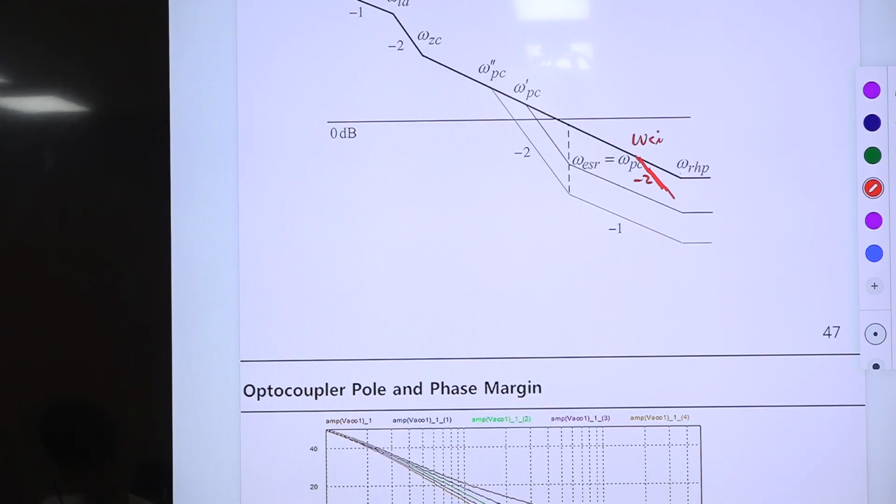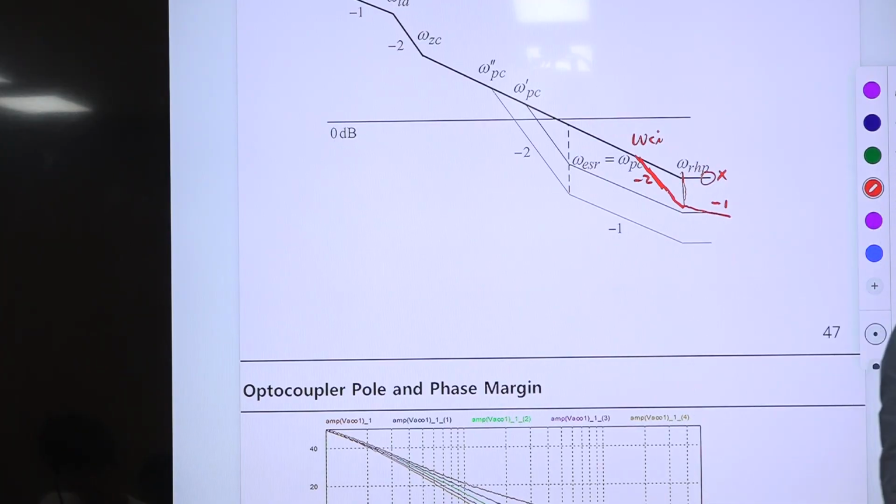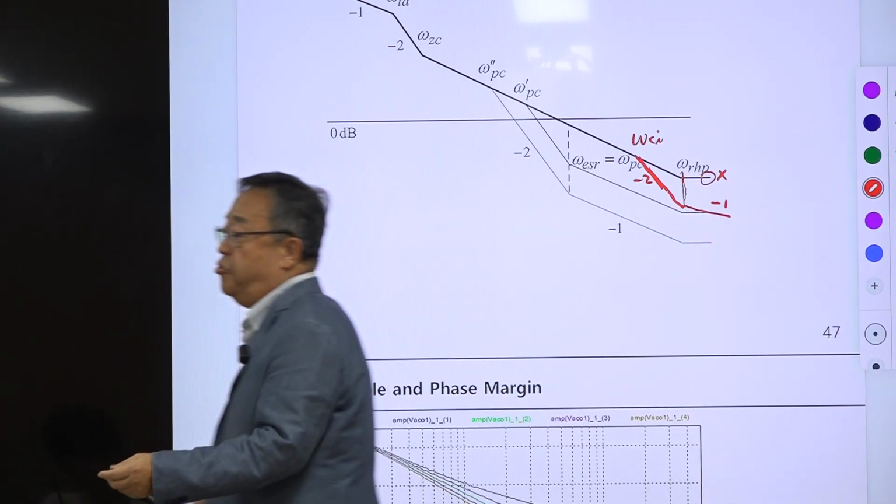And we have this right half plane zero. The zero is a zero in terms of magnitude, so the final slope is still minus 1. Minus 1 slope, not this 0 slope. This was wrong. At this high frequency this prediction can be erroneous and takes some error, but this is a theoretical prediction anyway.